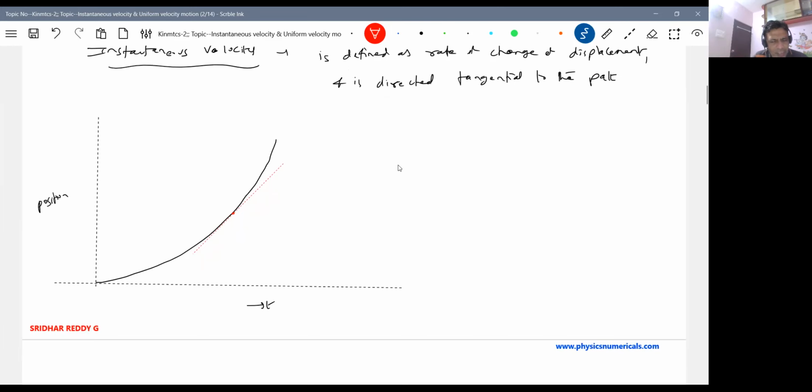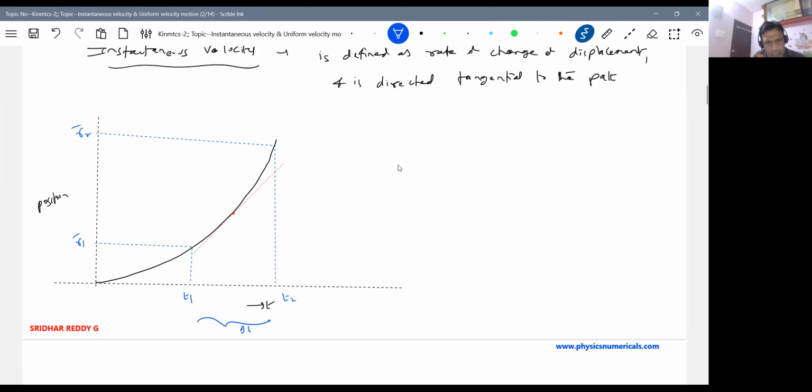What is the meaning of this? Let me put another mathematical idea. I was just telling you that delta t tends to 0, and the meaning of that we'll try to explore here. If I have a particle with position vector r1 bar, and the position vector here, let it be r2 bar, and time interval t1, t2.